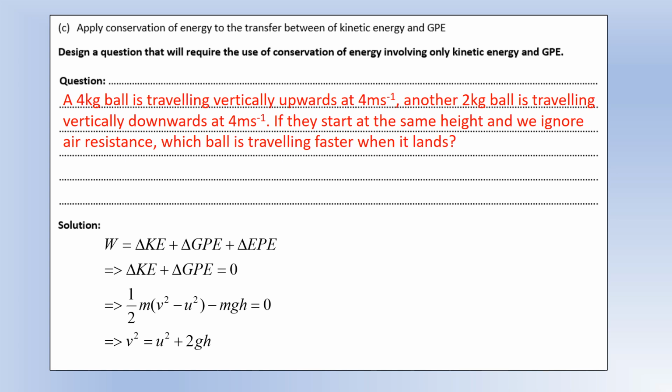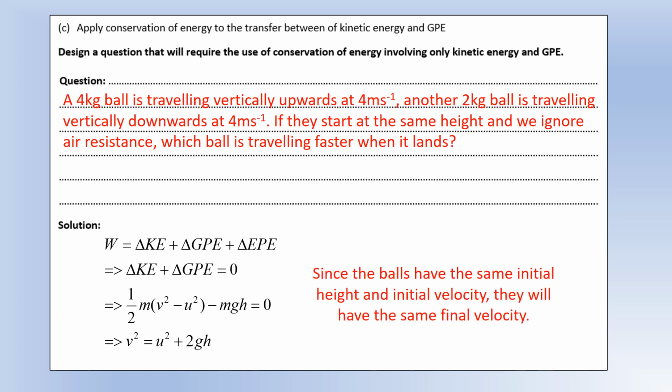Then we can cancel masses by dividing both sides by mass and do some rearranging, and we end up with v squared equals u squared plus 2gh. You can see from this expression they have the same height and the same initial velocity, because the direction doesn't matter once you square it, so they're going to have the same final velocity when they hit the ground.